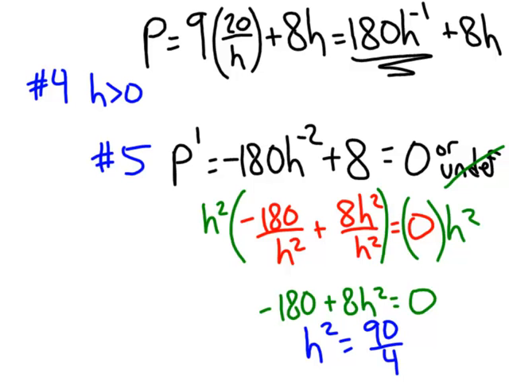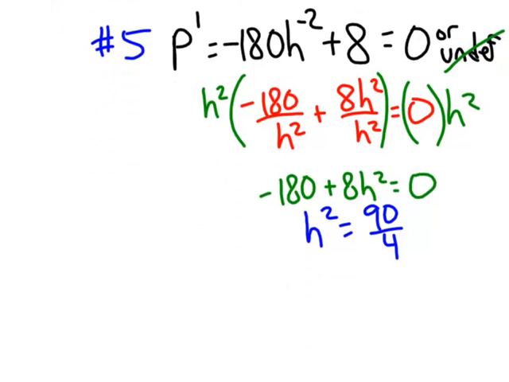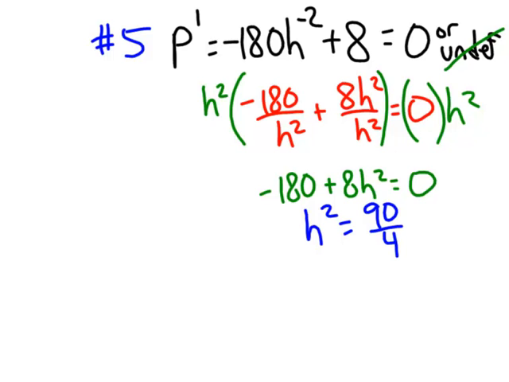Now notice I reduced the 180 over 8 down to 90 over 4, but I didn't reduce it all the way to 45 over 2. Can you see why? Scroll down a bit. The reason is because I anticipated that my next step was going to be to square root, and I like having a perfect square on the denominator.